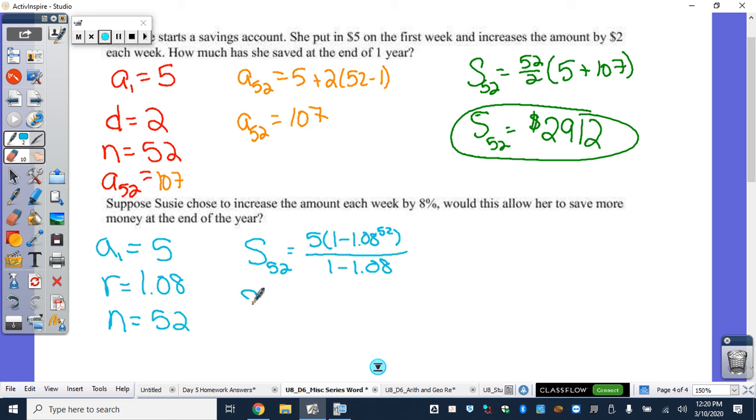So plugging it into our summation formula, first term times 1 minus your rate to the 52nd power, divided by 1 minus your rate.